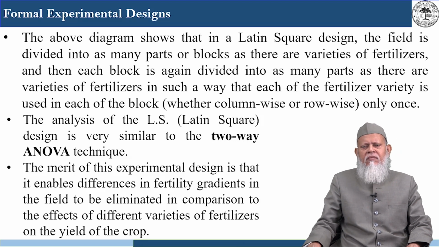The above diagram showed that in a Latin square design, the field is divided into as many parts or blocks as there are varieties of fertilizers, and then each block is further divided into as many parts as there are varieties of fertilizers, in such a way that each of the fertilizer varieties is used in each of the blocks, whether column wise or row wise, only once.